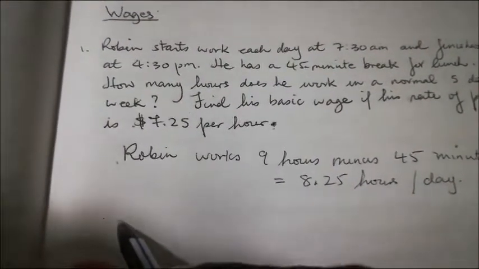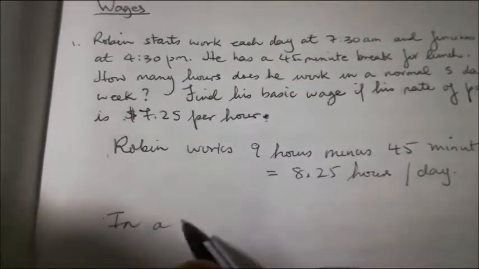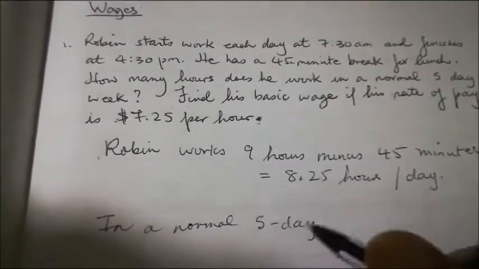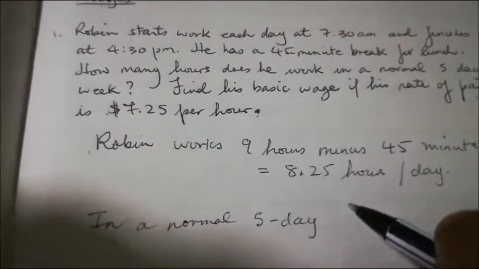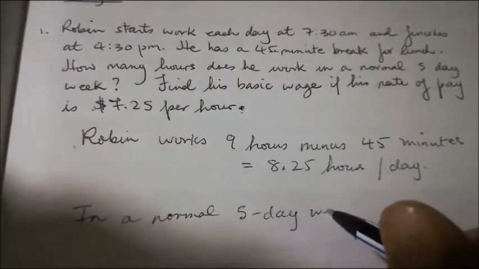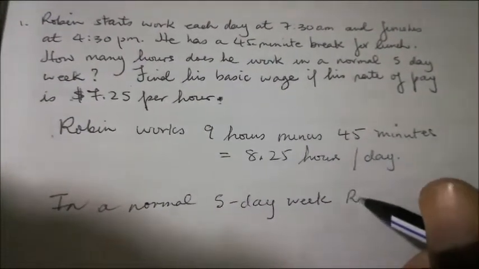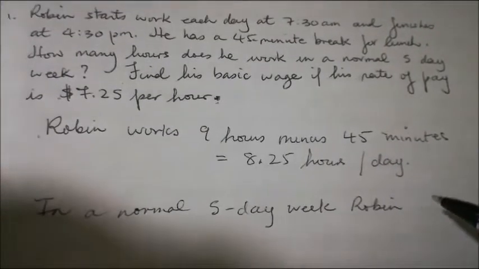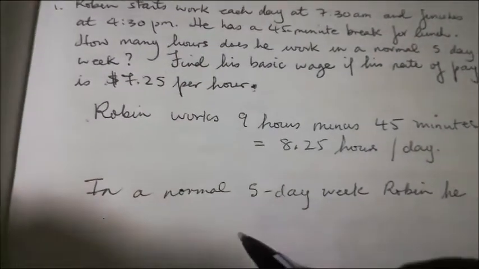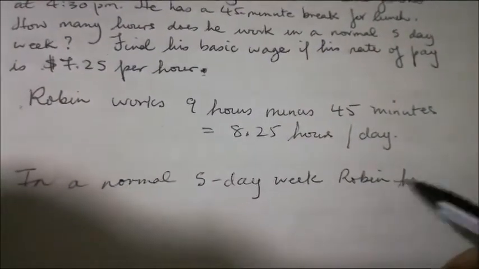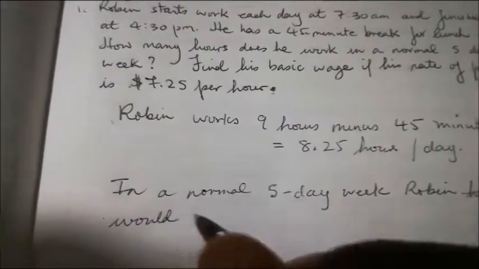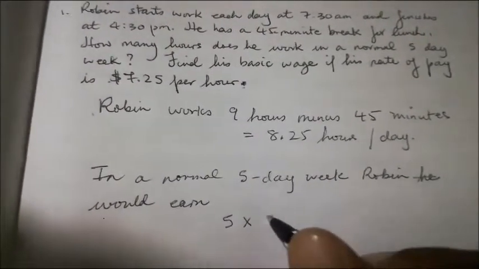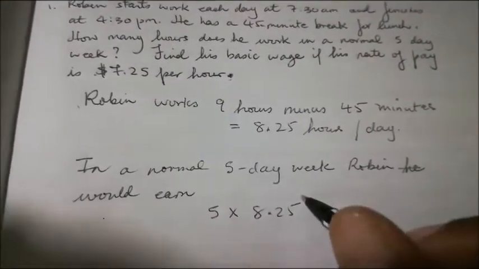So I would say in a normal five-day week, Robin would work 5 times 8.25. So it would be hours.